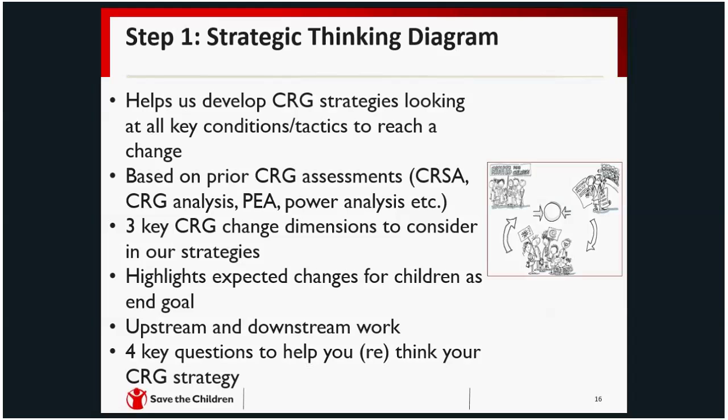It's not necessarily relating to child rights governance, but it helps you to think programmatically in terms of, okay, there is a good governance system, but it's not being implemented. There are good laws in place, but the laws are not being implemented. So you need to work on that modality. There are 4 key questions that will help you rethink your strategy, or the questions that will guide you in terms of your program, in terms of your planning.